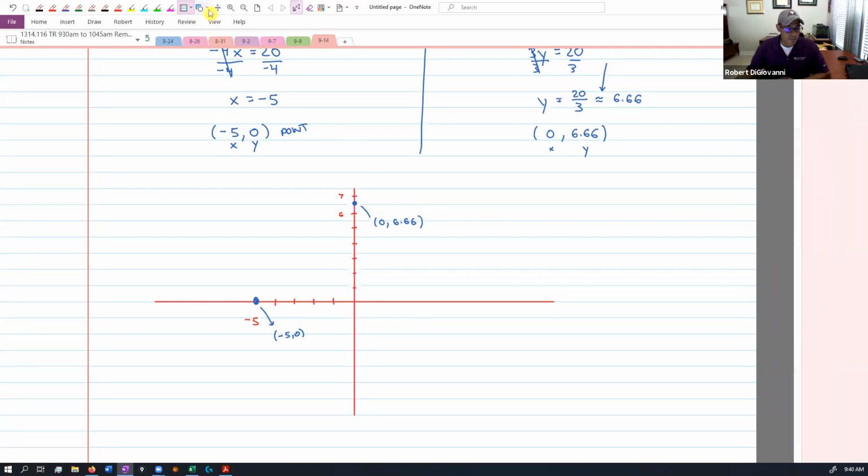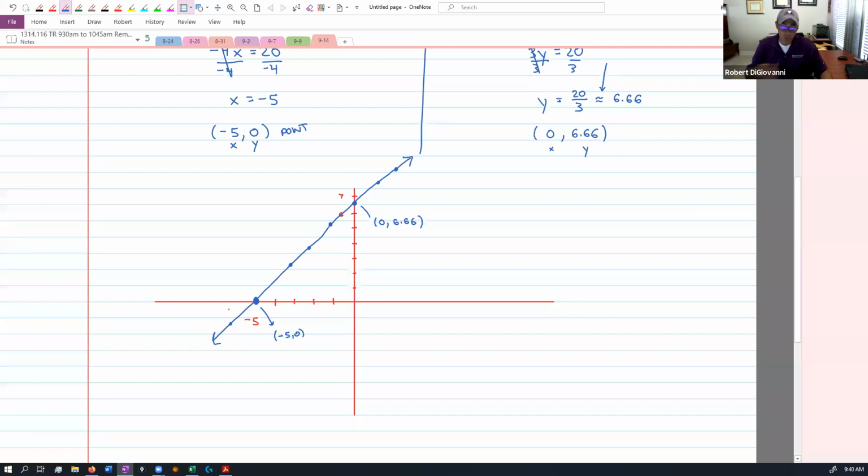And now the last step is just to connect these with a straight line. So I'll just try and draw a straight line here. Oh, straight enough. There we go. That's it. We talked about how last time the value of having the line graphed is that the line represents all the possible points that would be solutions to the original equation.